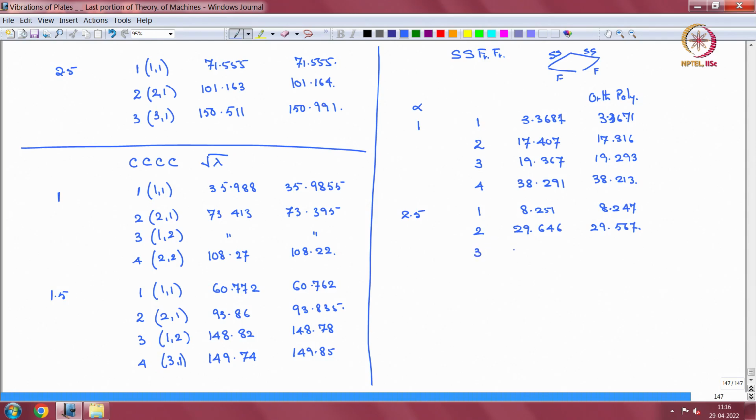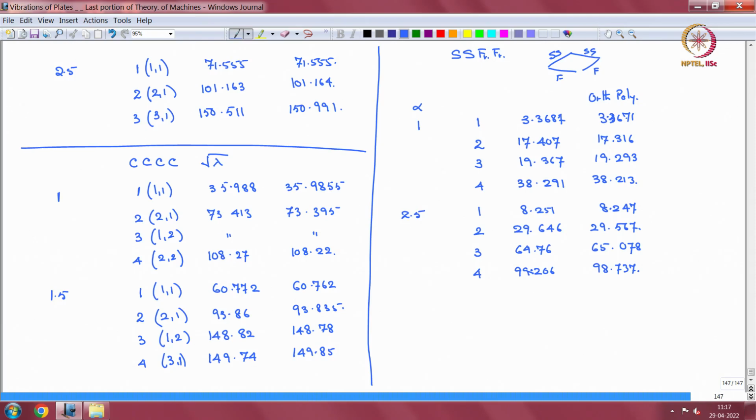Third is 64.76, and here it is 65.078. Fourth is 99.206 and 98.737. Okay, for those who wish to calculate.